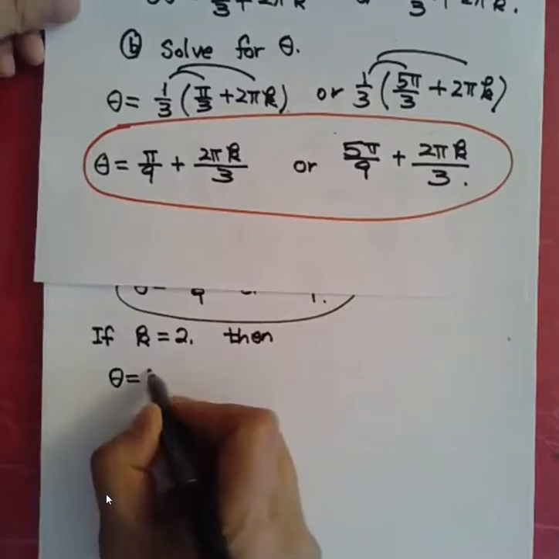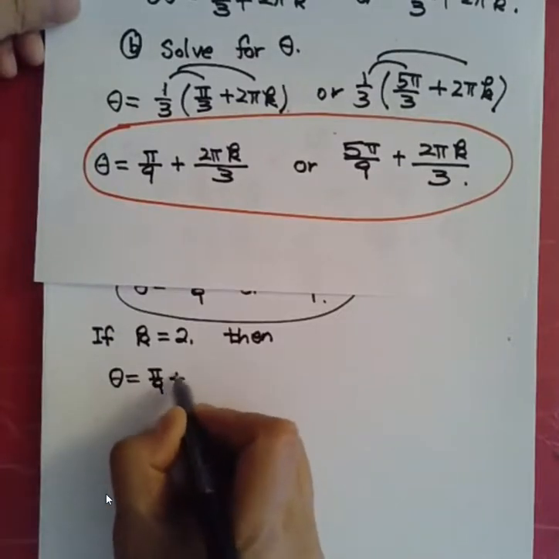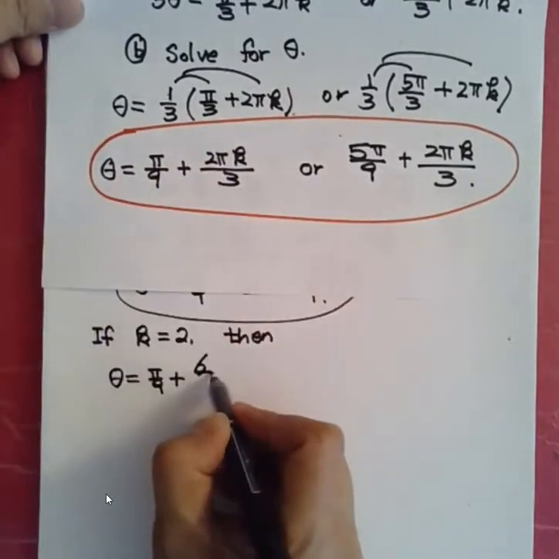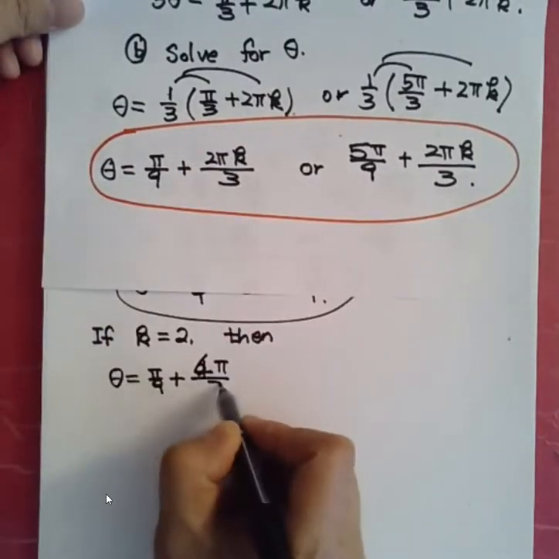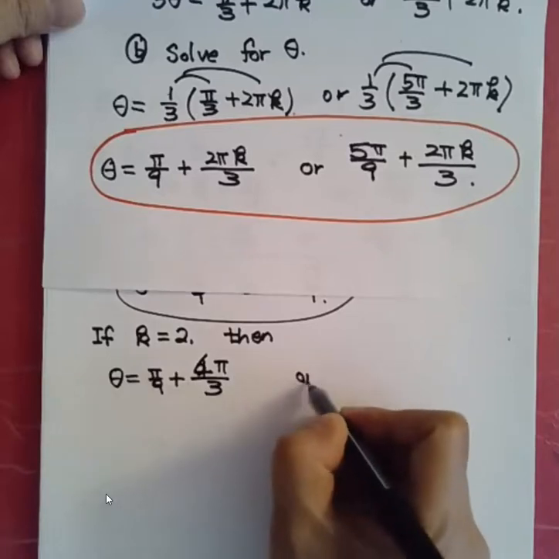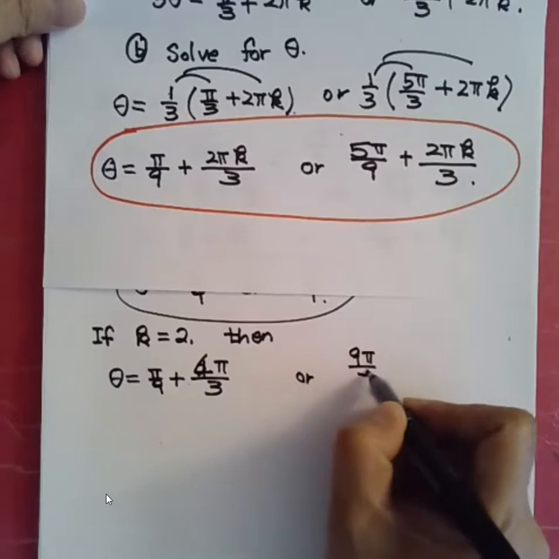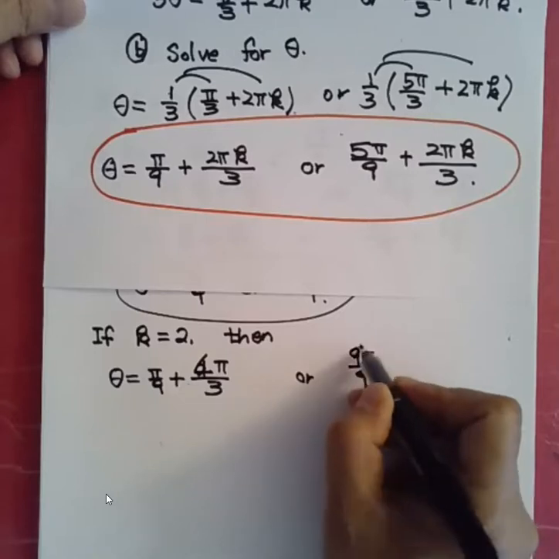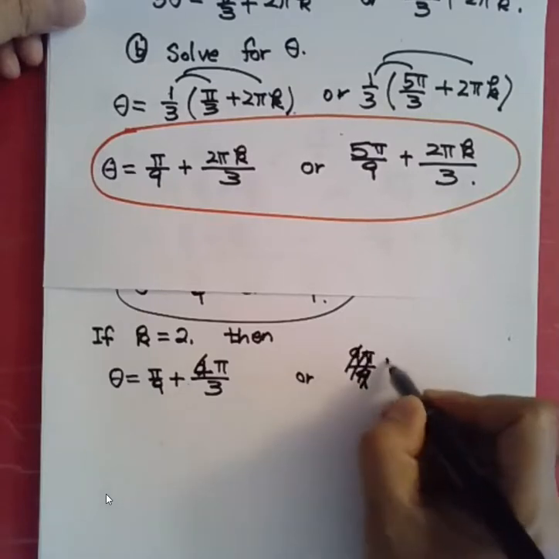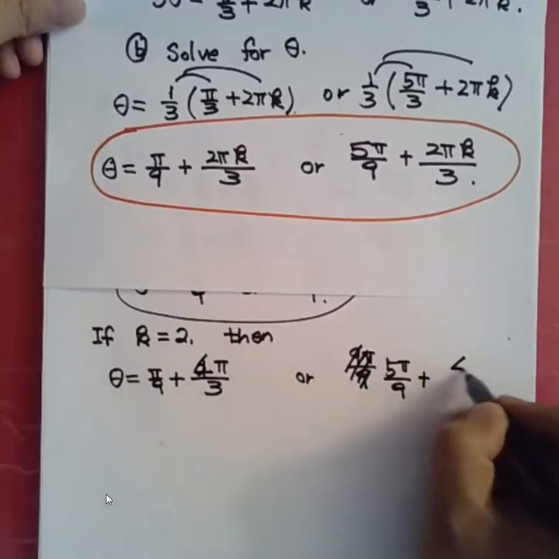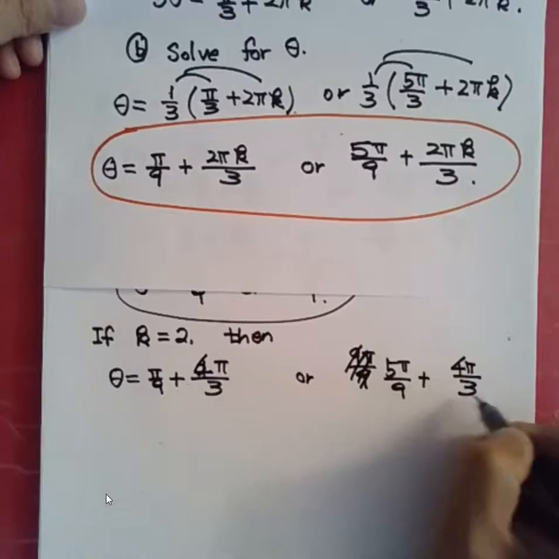Theta equals pi over 9 plus 2 times 2 will make 4, so 4 pi over 3, or 5 pi over 9 plus 4 pi over 3.